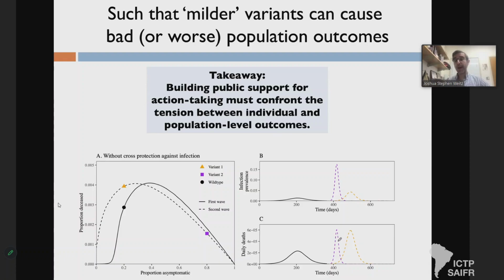And also talk about how these risks of asymptomatic transmission are not the same with different ages. They vary, right, across ages. So people's experiences can be very different. If people don't understand the rationale, it's hard to build public support for action taken.